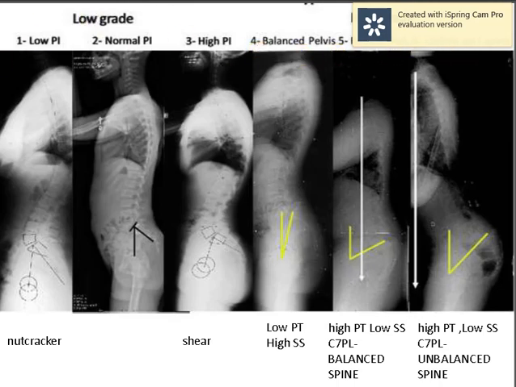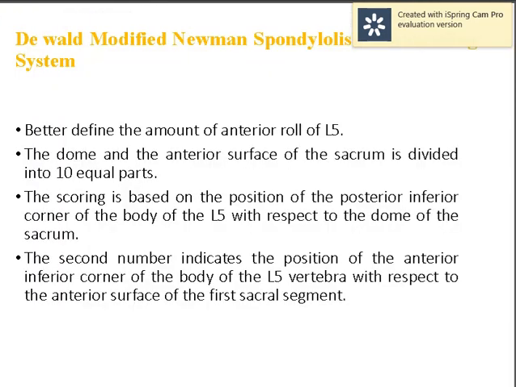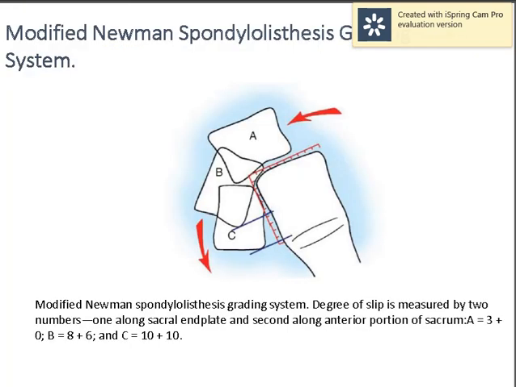It is the low grade and the high grade spondylolisthesis. So this is the modified Meyerding spondylolisthesis grading system. The degree of the slip is measured by two numbers, one along the sacral end plate, second along the anterior portion of the sacrum.